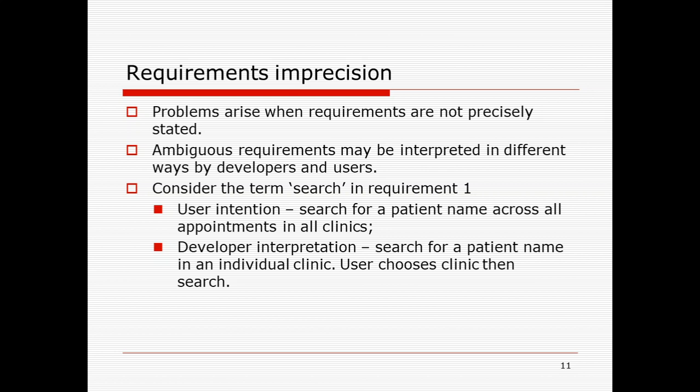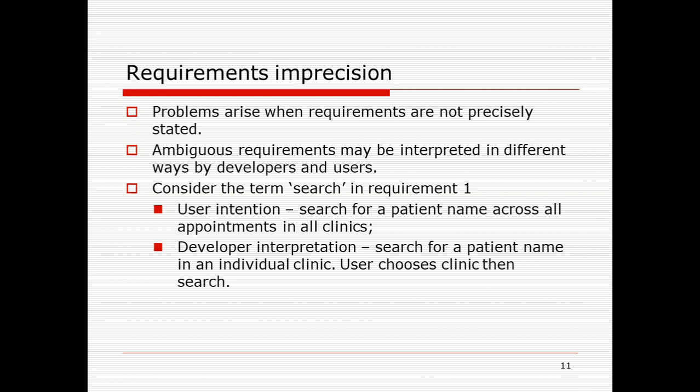For example, take the search operation from the previous slide. The user's interpretation may be that they can search the patient name across all appointments in all clinics. The user may be thinking that the patient's name will be provided to the software, and it will search all the clinics in one go.